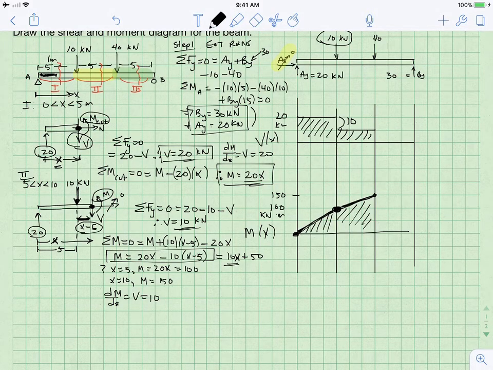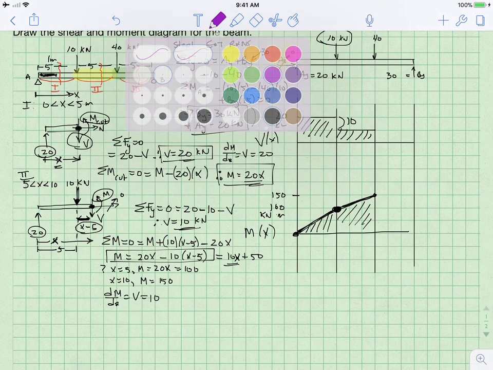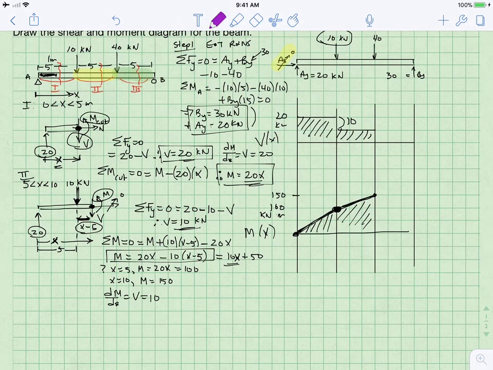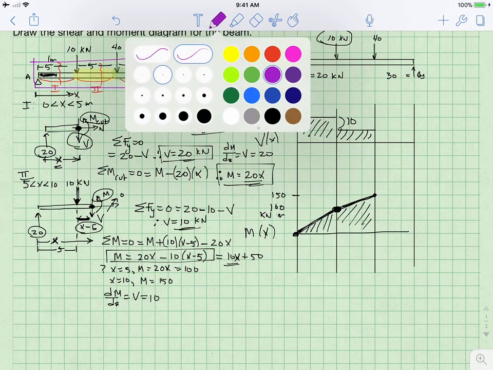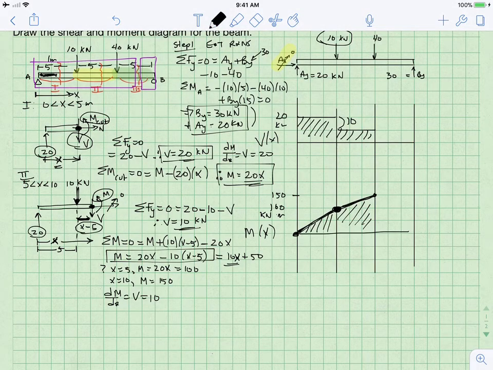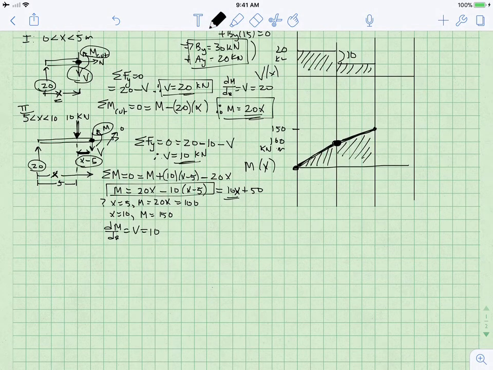First, I'm going to think about cutting the beam here and then drawing the left-hand side of the beam. After I do that, I'm then going to show you that you get the same result as if you thought about the right-hand side of the beam. So let's do the hard way first. We're going to do the left-hand side of the beam. We're in region 3.